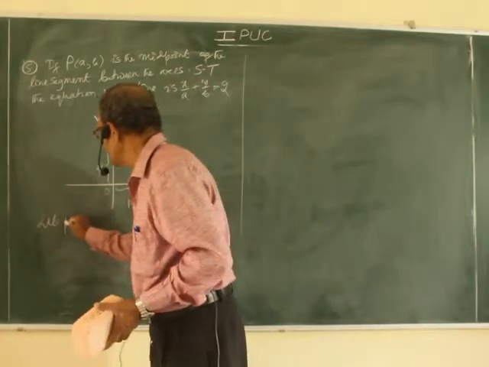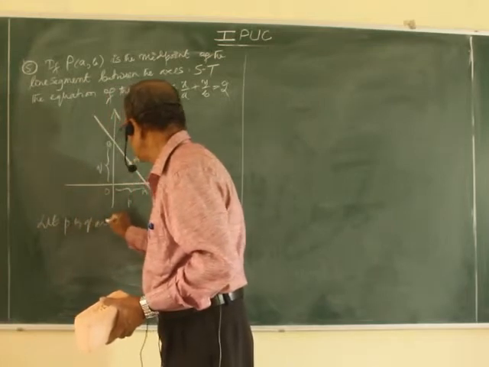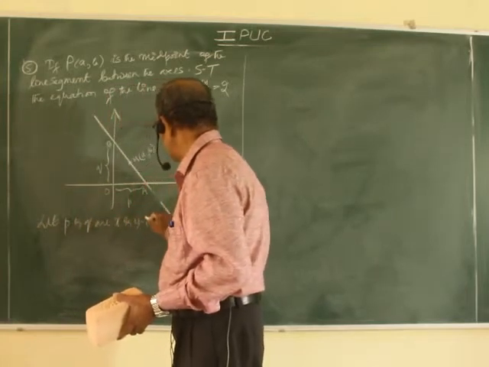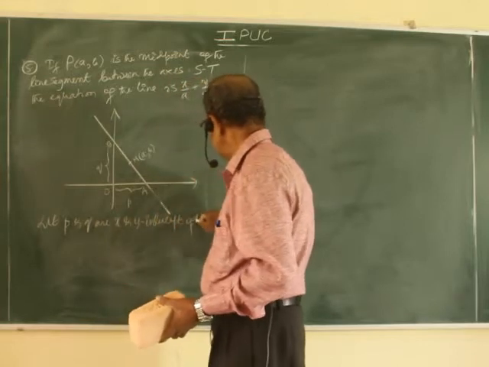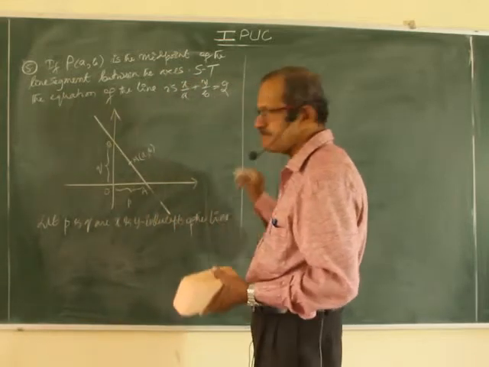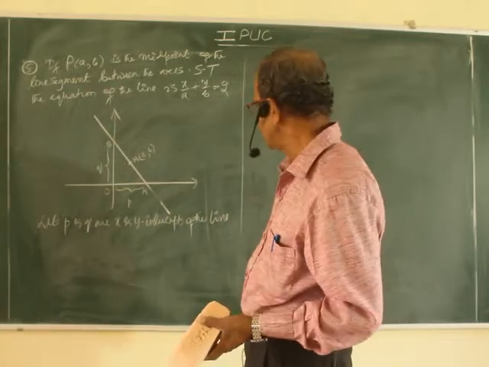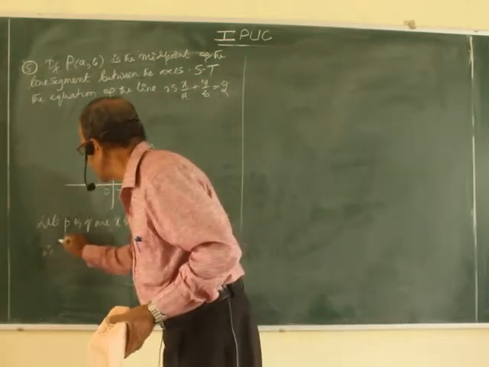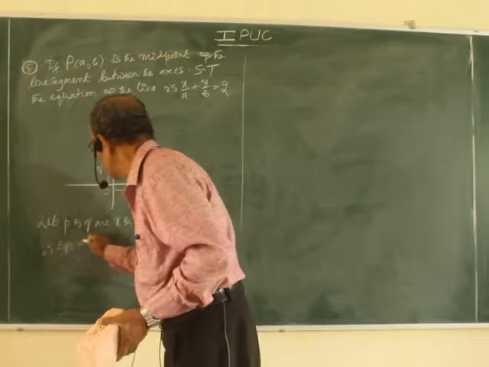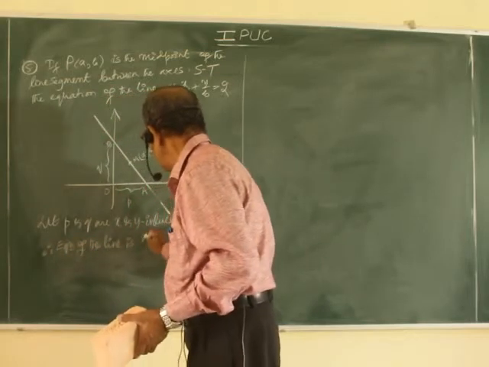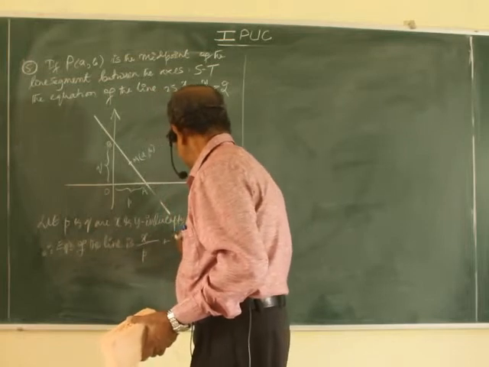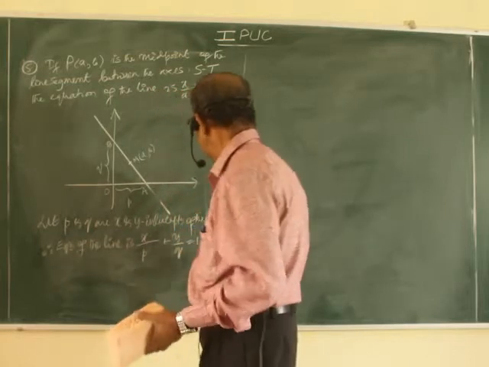Let P and Q be the X and Y intercepts of the line. Therefore, the equation of the line is x by P plus y by Q equal to 1.